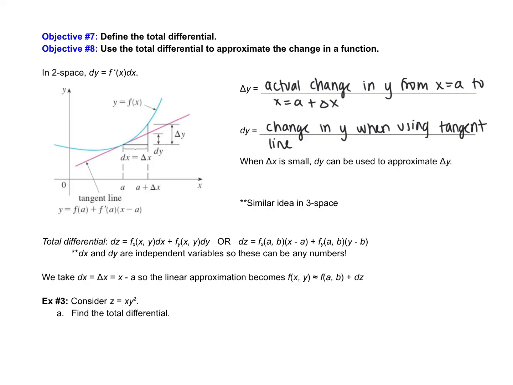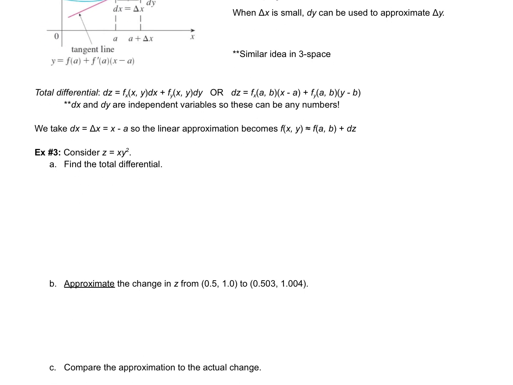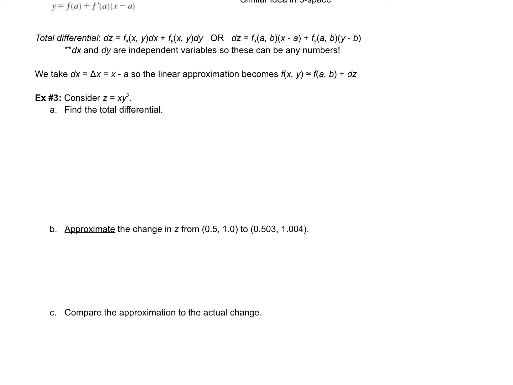Okay, so we're going to take a look at just a base example, and then we are going to use this idea in some word problems. Consider z is equal to xy squared. First, we're going to find the total differential. So in this case, our z is a function of x and y, which is equal to xy squared. So we're going to need to find the first partial with respect to x, which is y squared.